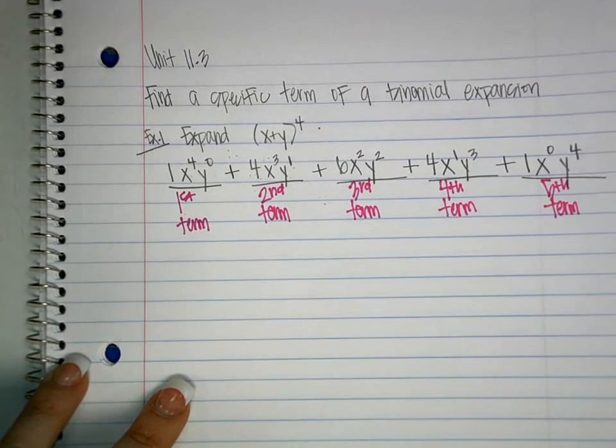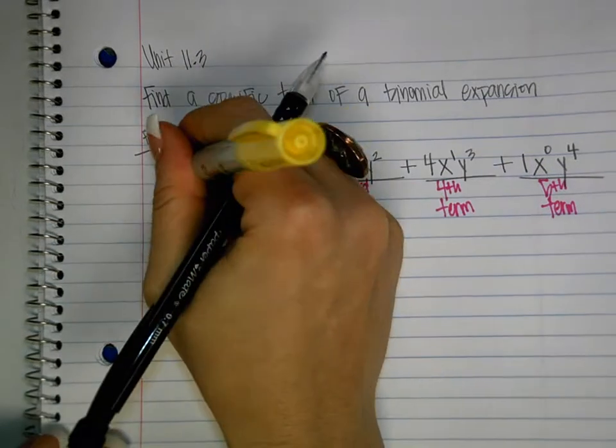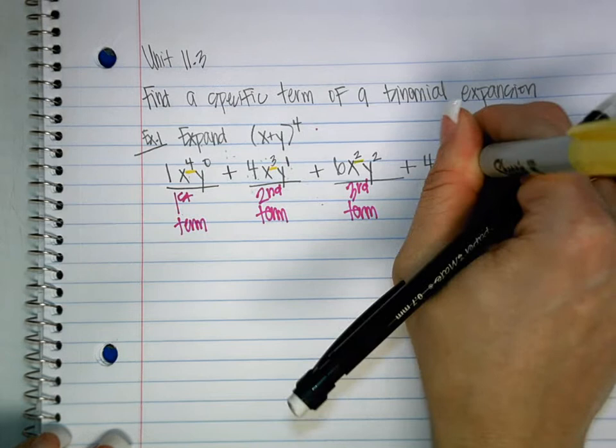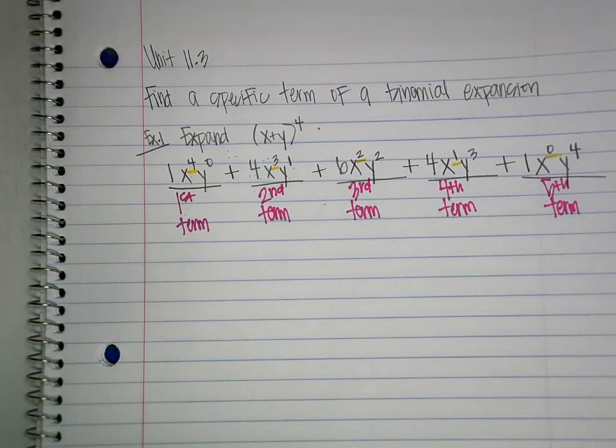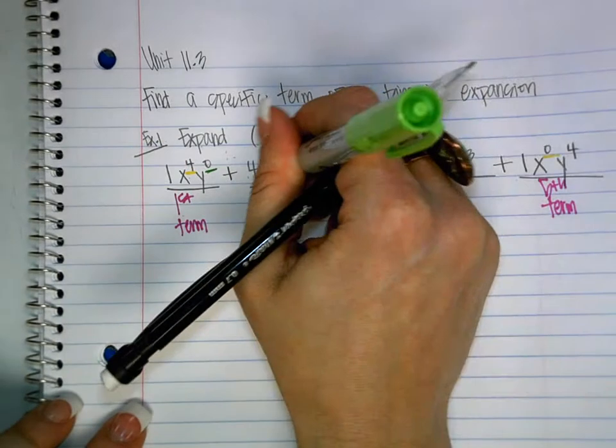I'm going to underline the exponent values. Do you notice anything in relation to the exponent values and the term numbers?